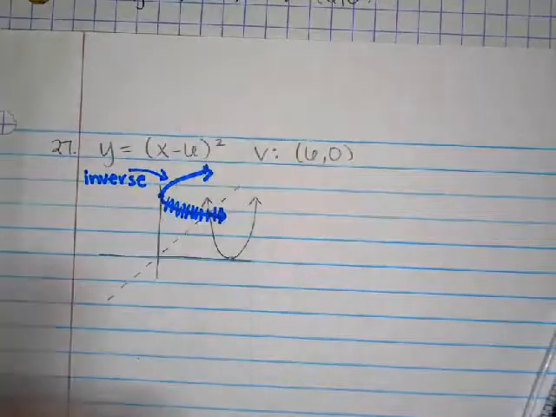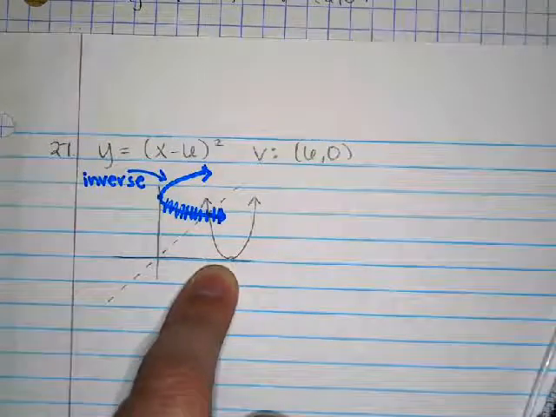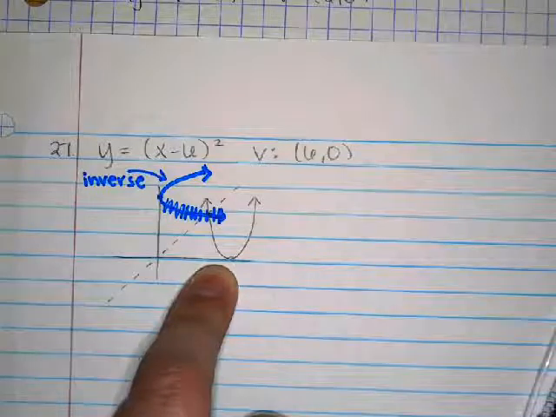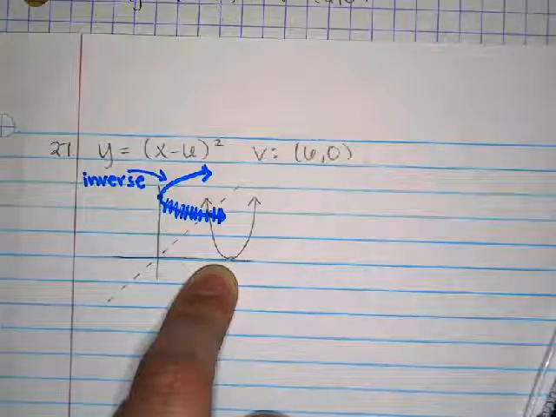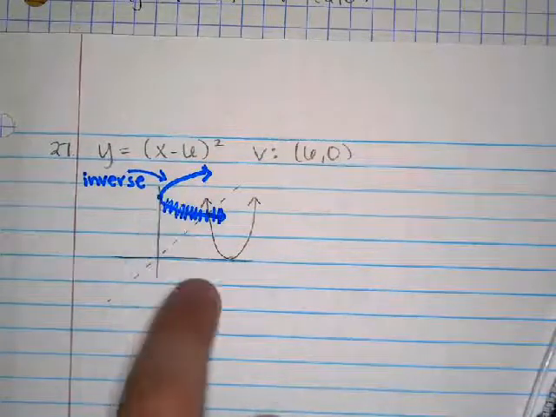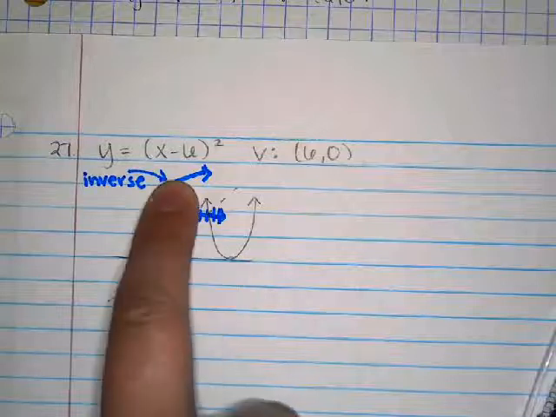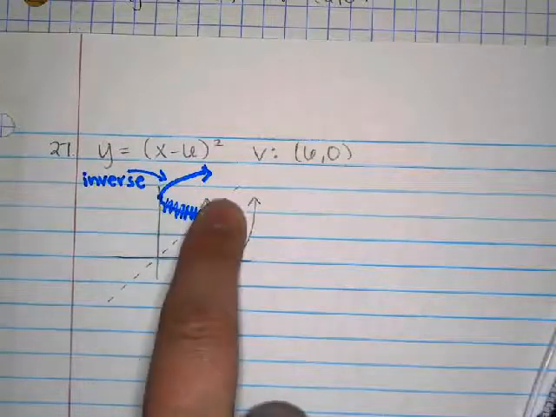But now it's not a reflection of the whole parabola, is it? What part of the parabola do I have to get rid of? Wait, which part did it reflect? If I'm keeping the top, which part was that? The left became the top? You're folding it over the dotted line.